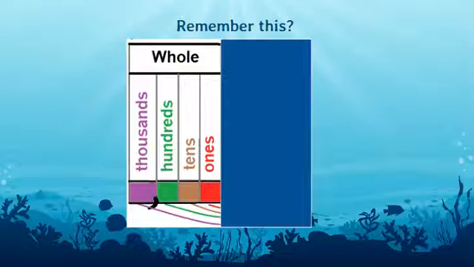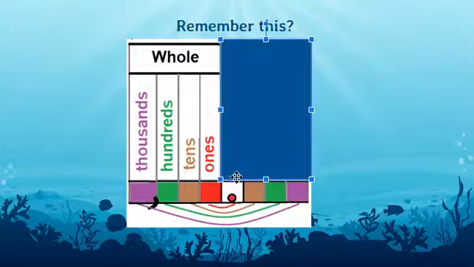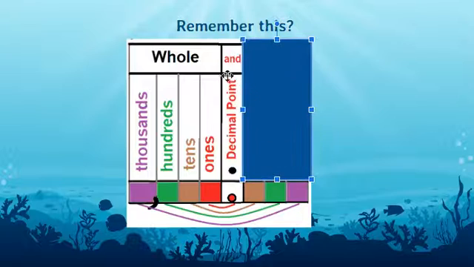Do you remember this from our last lesson? I hope you do. This is where we talked about our place value. So let's go ahead and see if you remember what each place value stands for. So how about this one here? What does our decimal stand for? If we have thousands, hundreds, tens, ones, for reading a decimal out, we always read the word and. So if I had 45 and whatever decimal I have after that, what goes in this place value?